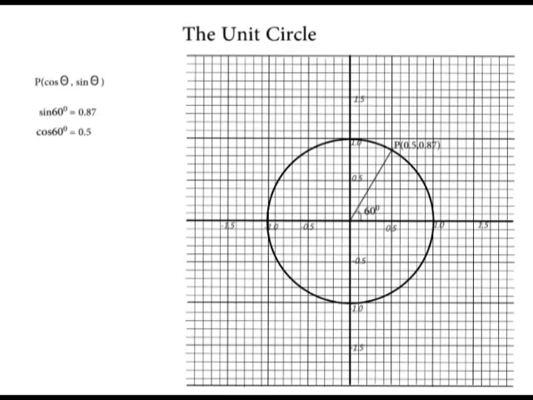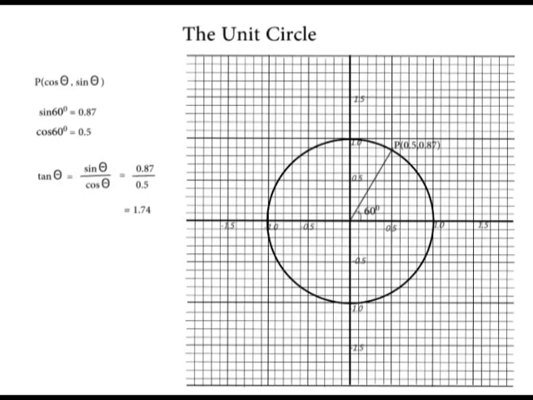We've also said that tan theta is equal to sin theta over cos theta. 0.87 over 0.5 gives us 1.74. Again, confirm with your calculator if tan 60 is not 1.74. You will find it is.